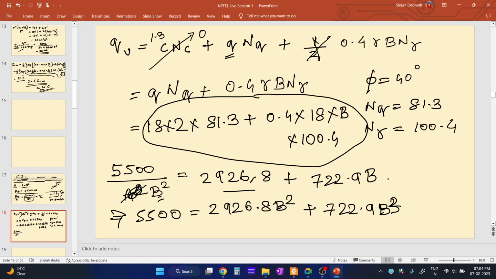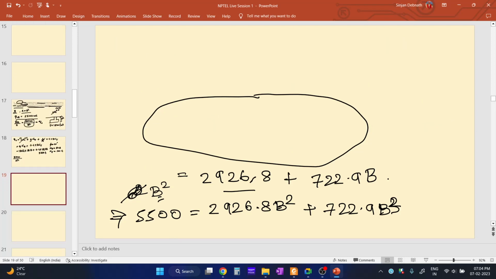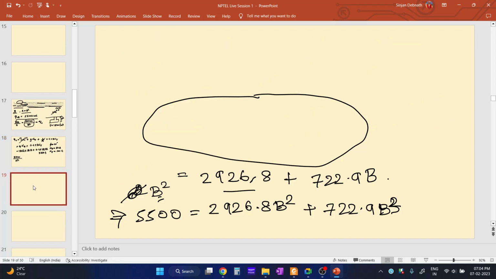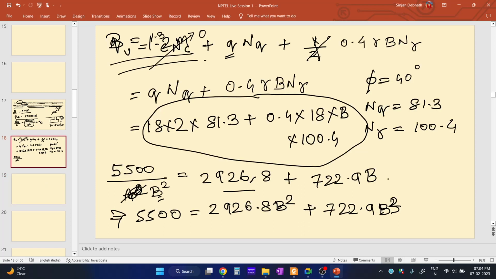Now if you solve this equation using calculator, you will get the value of B as 1.2 meter. Okay, it is a square footing, so the dimension is 1.2 by 1.2.